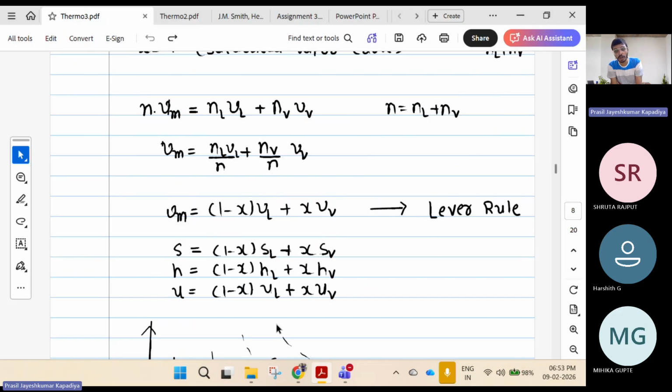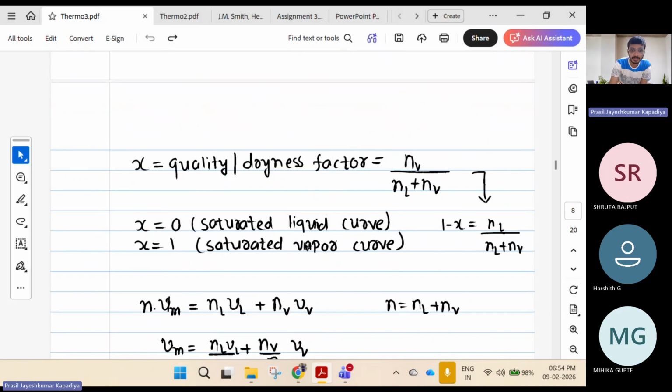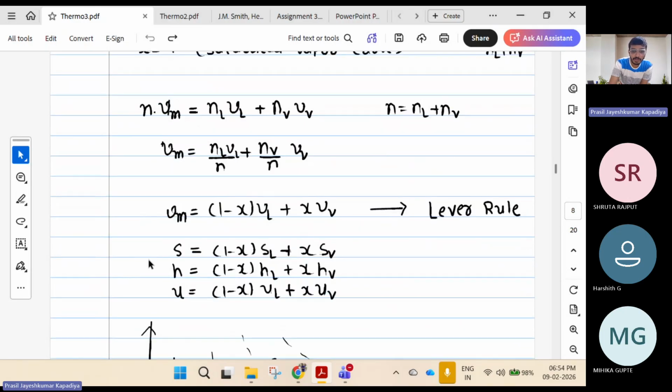These questions may be asked in the GATE examination, where you are given the total volume, liquid volume, and vapor volume, and you are supposed to find the dryness factor. This is how you can derive it. So with this lever rule, the molar volume at equilibrium is nothing but 1 minus X into VL plus X into VV.